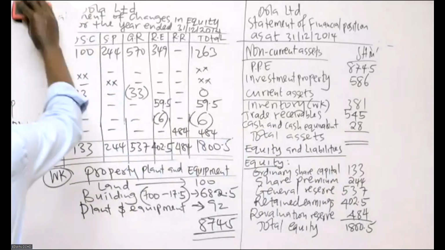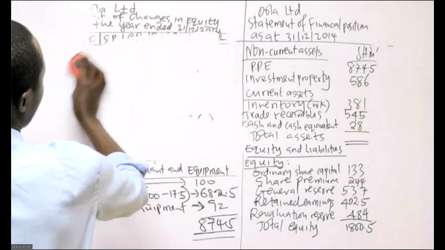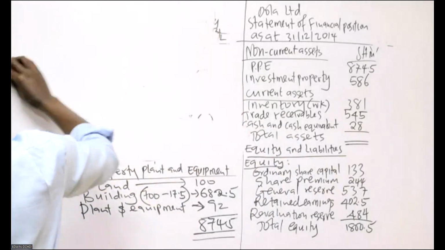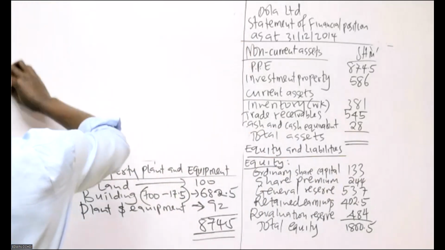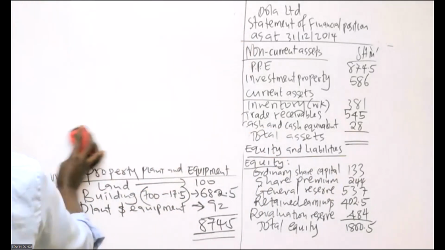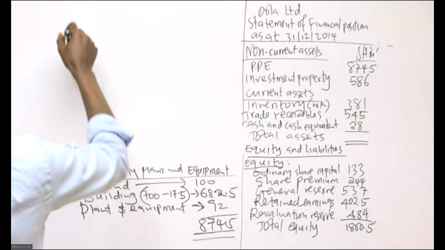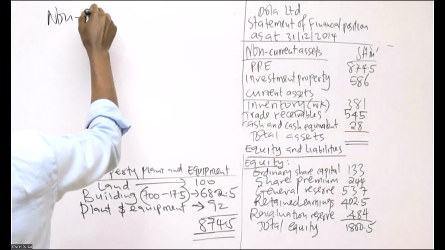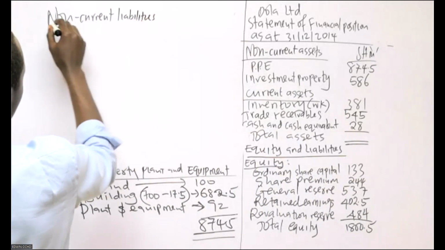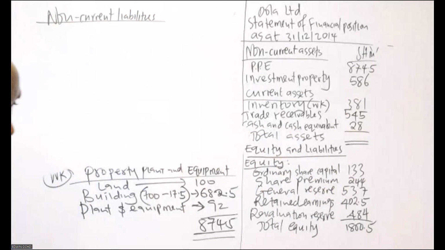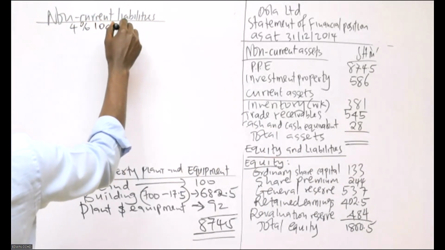Liabilities. Non-current liabilities, we have the 4% loan.